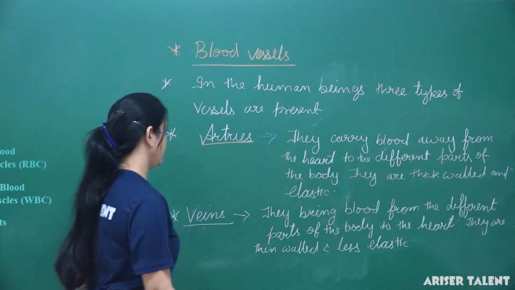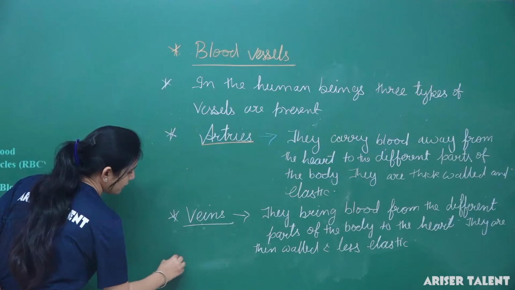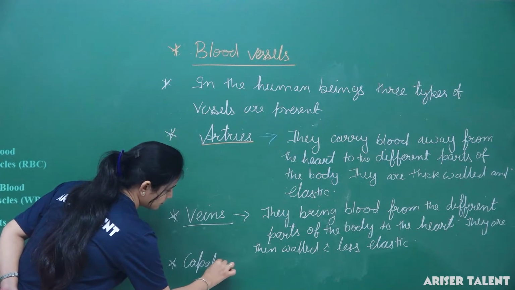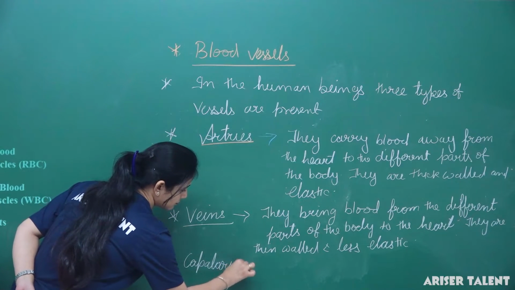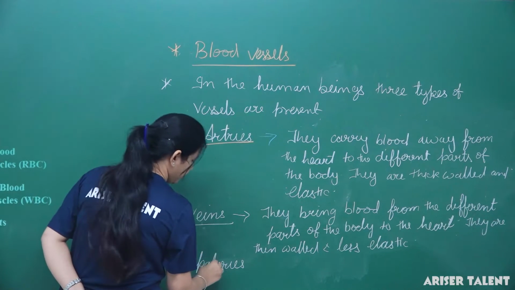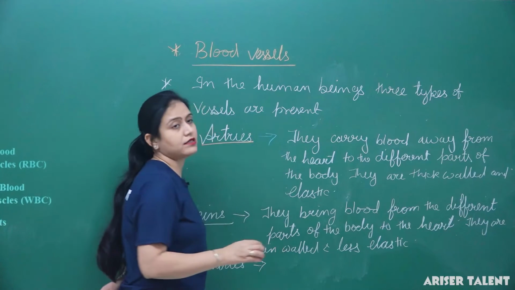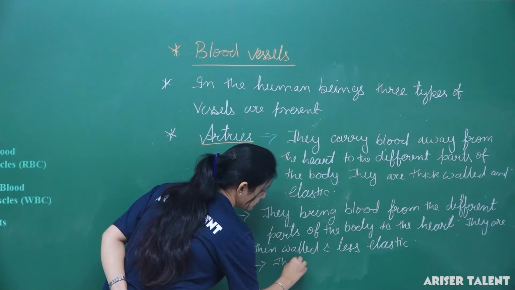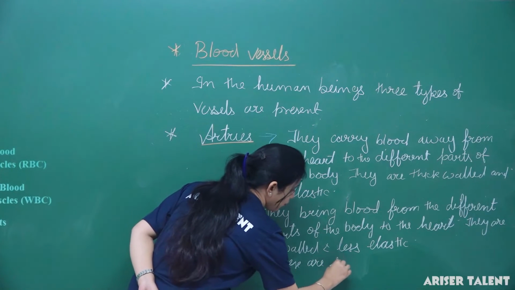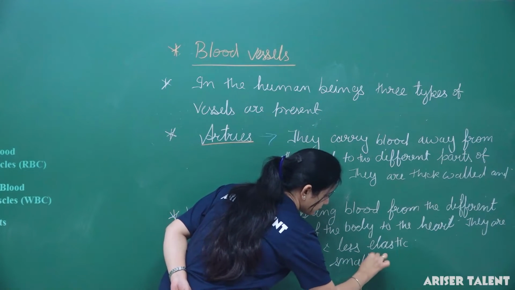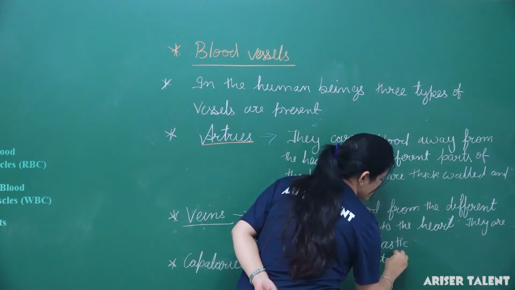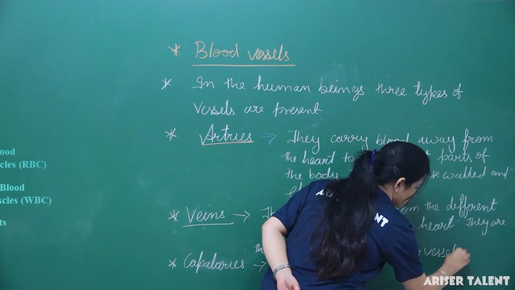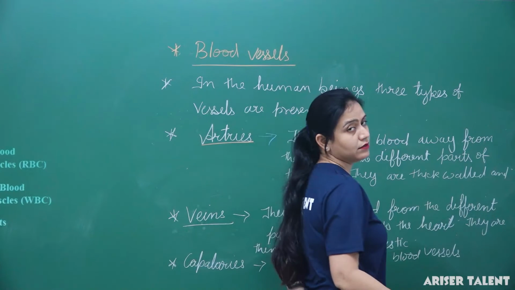Okay, now if we talk about the third part of the blood vessel, that is capillaries. Then these capillaries are the smallest blood vessels. These are smallest blood vessels. Okay, they lack muscular wall.